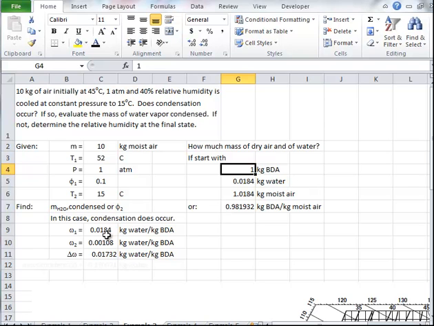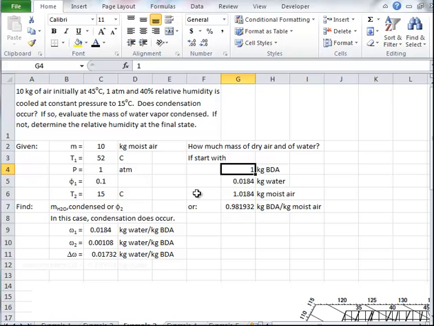At the beginning, that was 0.0184 kilograms of water per kilogram of dry air. So that means for 1 kilogram of dry air, I would have 0.0184 kilograms of water, or 1.0184 kilograms of moist air. So the mass of dry air per mass of moist air is 0.98, 1 divided by this.